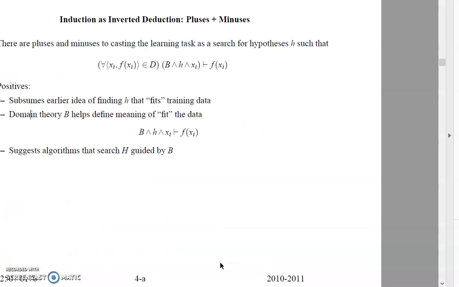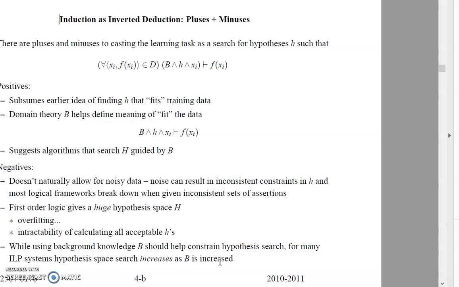As I told earlier, there are some pros and cons of using background information. If you are using background information, the fitness of my hypothesis with the training data is very good. In concept learning we have seen that there are sometimes inconsistent hypotheses which are not fitted with our positive training examples.